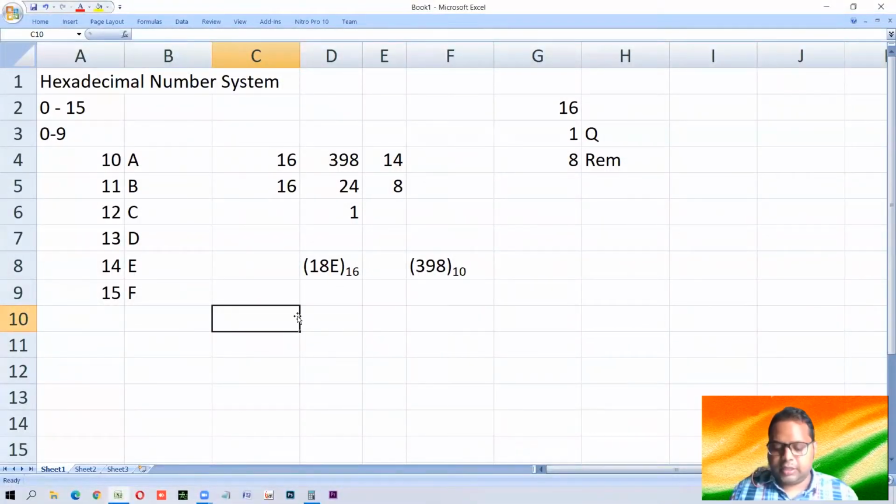I would like to tell you one thing, how we can write subscript and superscript in Excel. First, you have to put an apostrophe, and after writing the apostrophe, you can write anything you wish.